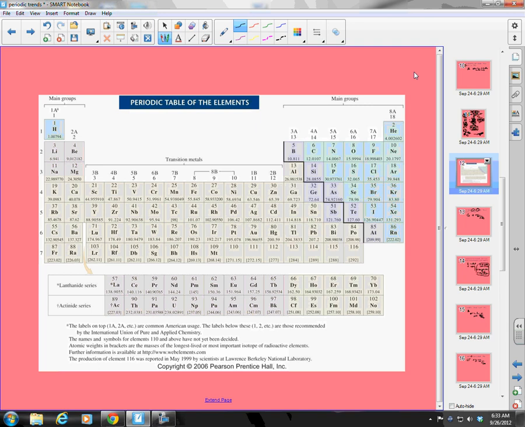Let's think about going from sodium to argon, right? That was the question. I'm going from left to right in the periodic table. Now, first of all, what happens to my nuclear charge? My nuclear charge is going from 11 to 18, so my nuclear charge increases.